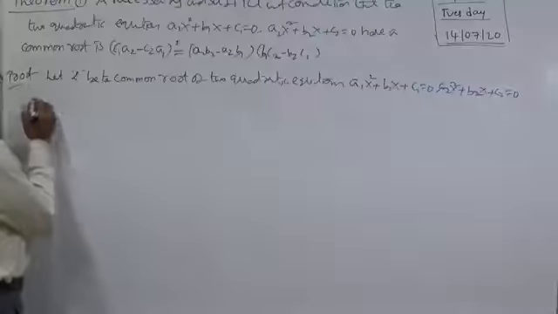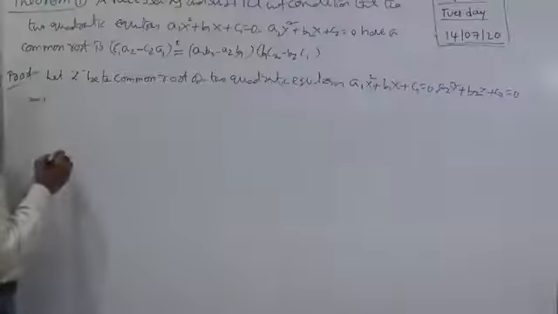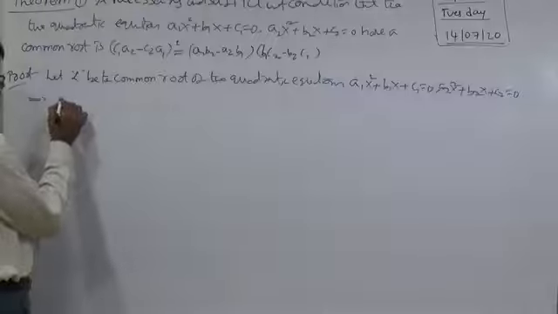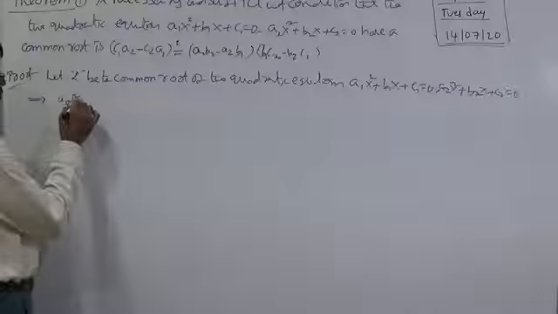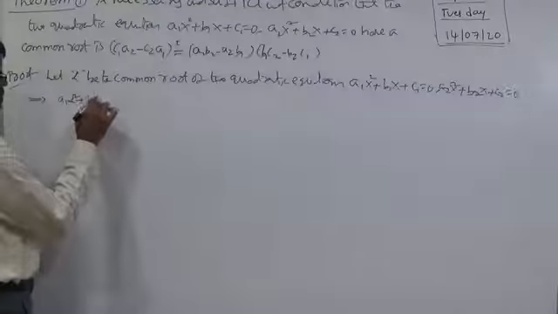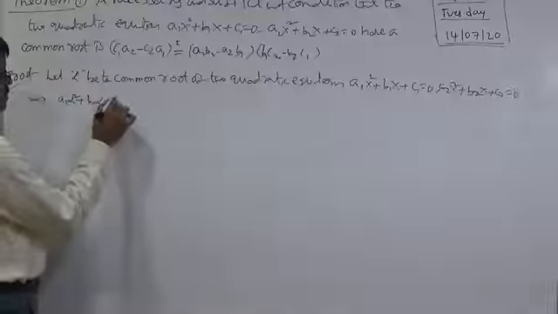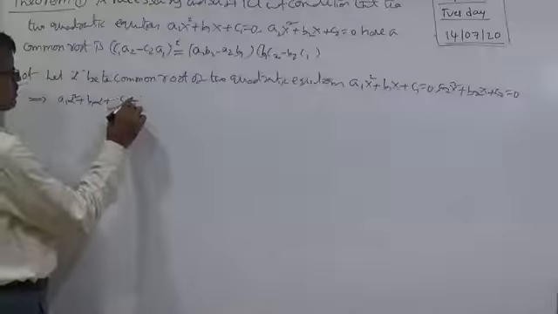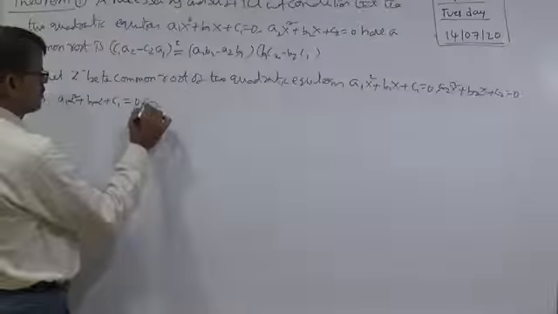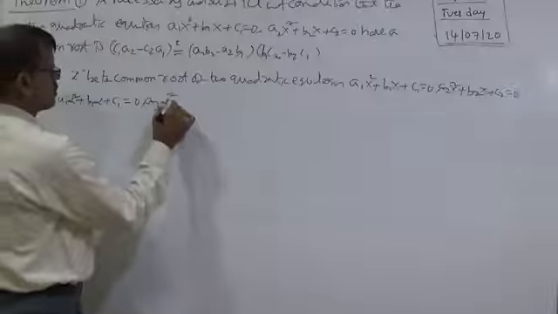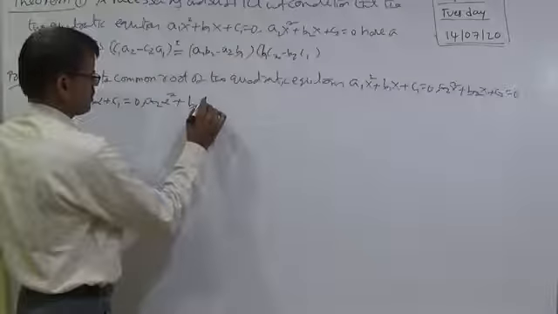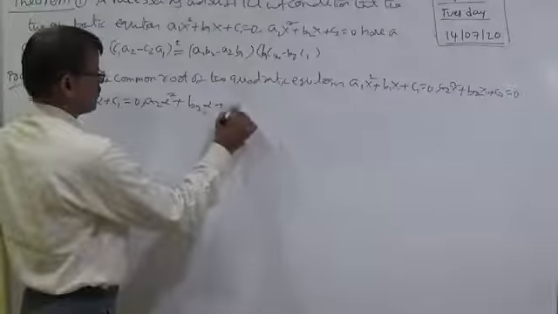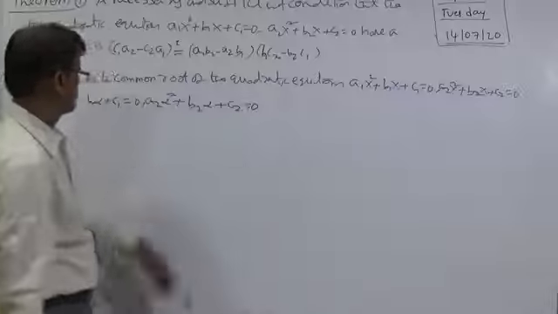That implies we can write a1 alpha square plus b1 alpha plus c1 equal to 0, comma, a2 alpha square plus b2 alpha plus c2 equal to 0.